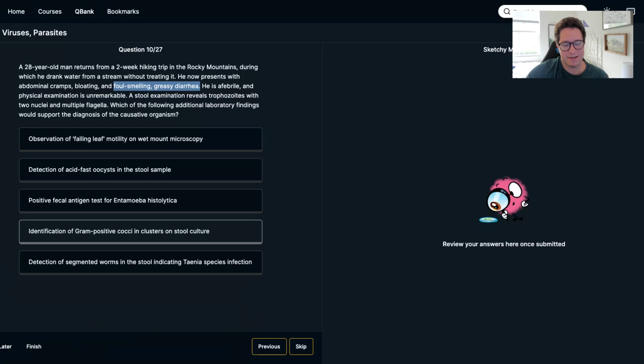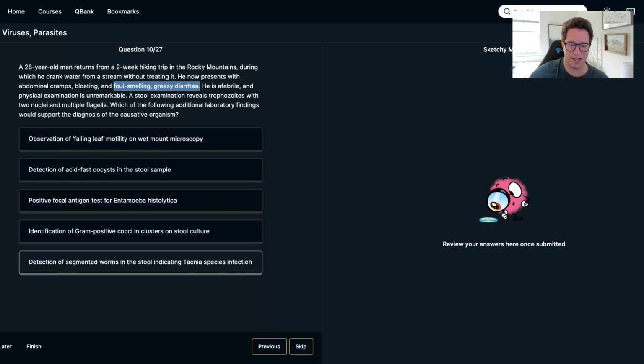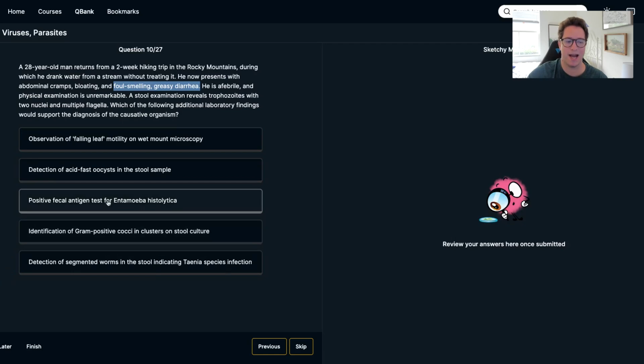Staph doesn't really cause this. Maybe some staph food poisoning, but this isn't food poisoning, and it's been going on for a little bit, so I don't think it's that. And then detection of segmented worms in the stool. We already know there are trophozoites with 2 nuclei and multiple flagella. I don't think this has tinea or a tapeworm or anything like that, based on what they already told me. So very unlikely.